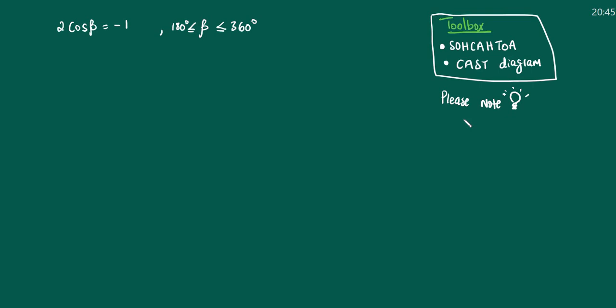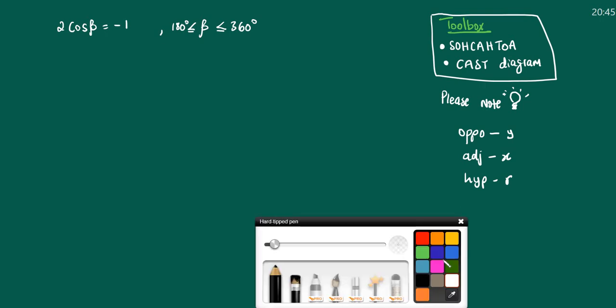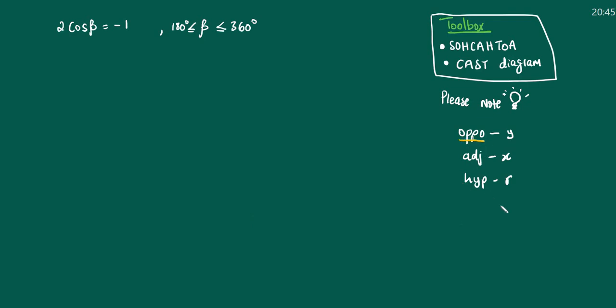when you are dealing with Cartesian plane type problems, opposite is y, adjacent is x, and hypotenuse is r. Let's know these. One way to remember this that I like: I'm sure you know the name of this phone, Oppo. It's a very beautiful phone.